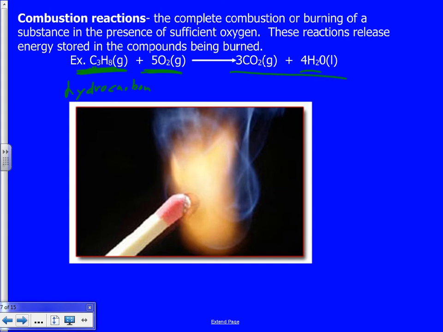So 3 times 2 is 6 plus 4 more is 10. That's not that tricky, is it? It's just something you've got to realize: sometimes in a reaction, an element might appear in both products, and you have to be aware of that when you actually go back and balance the reaction. And again, the big thing here is the bigger the hydrocarbon, the more carbon dioxide and water you get. So you could have one like this.